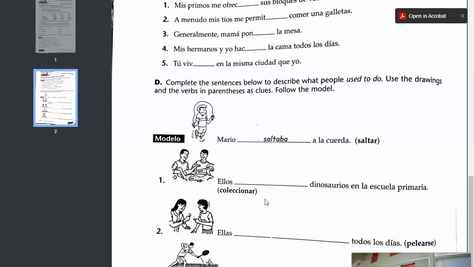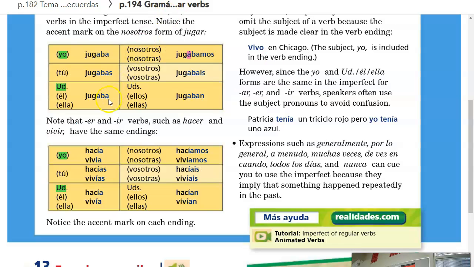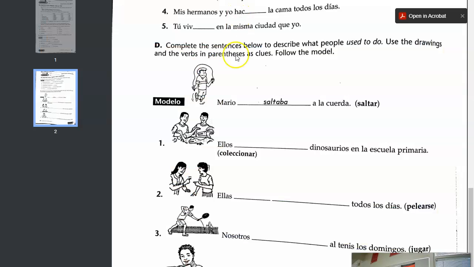Part D, last one. You're using the pictures here, and you also have the verb provided in parentheses to fully conjugate the verb in the imperfect. So Mario, él saltaba a la cuerda. Eso.